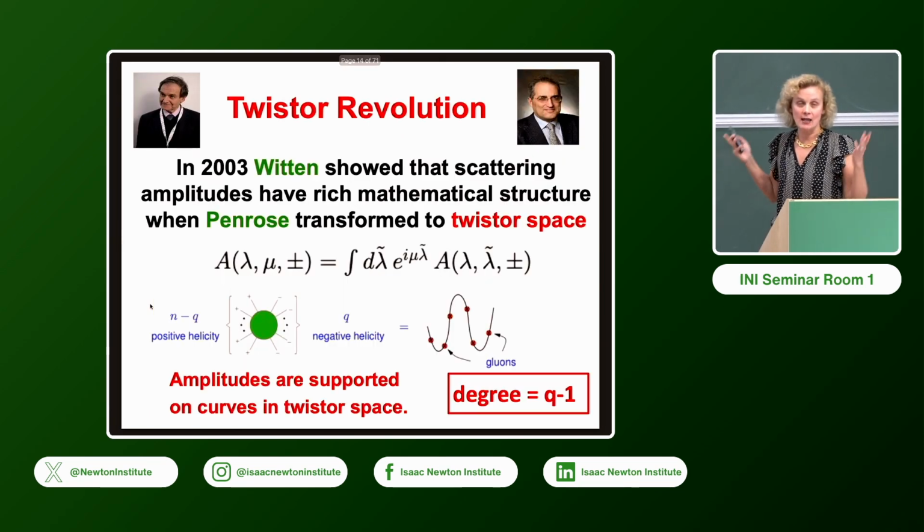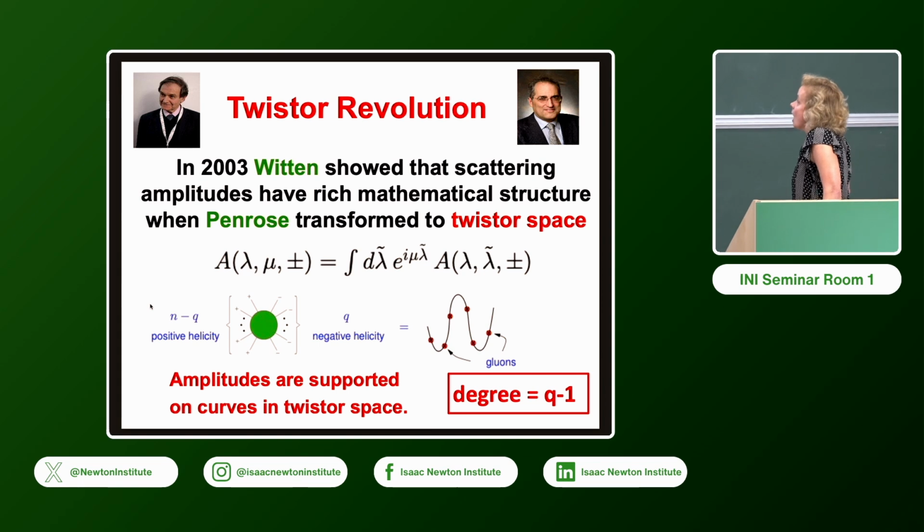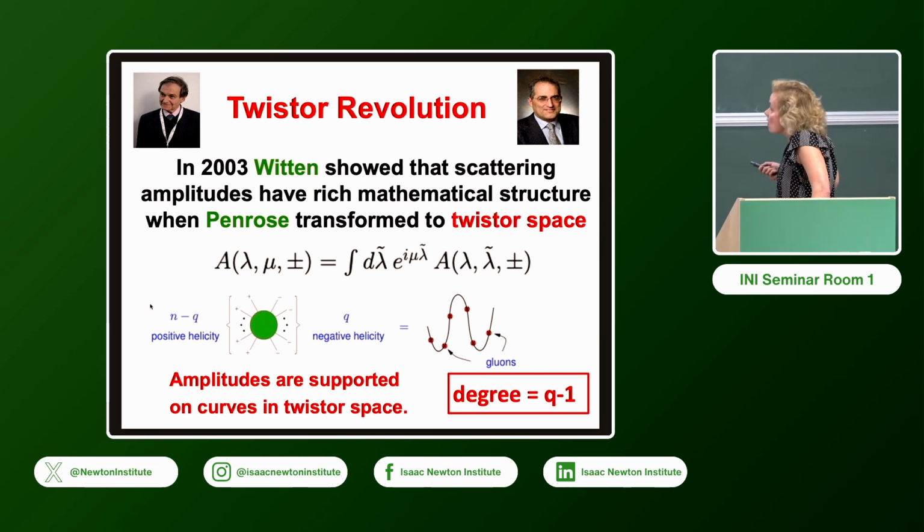So let me say, for maybe 3 minutes, what exactly were the main ingredients. What did Witten do? Again, I'm going to be very, very schematic, just to give those who haven't seen this a vague idea.